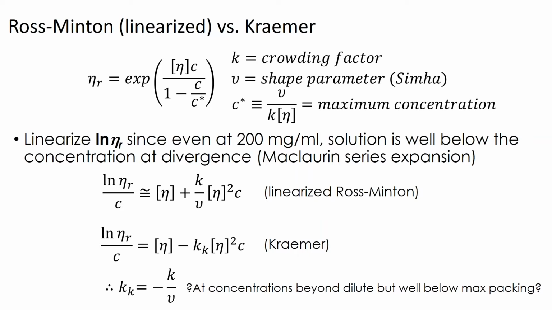So the question is, at concentrations beyond the strict dilute limit of 40 to 50 milligrams per milliliter, could we actually apply the Kramer equation to predict these viscosities, since we're well below the maximum packing?